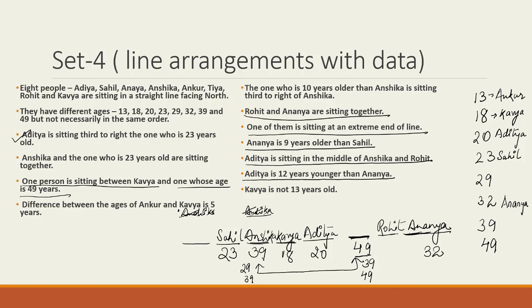That means Anshika is 39-year-old. And we know Ankur has age 13. So I cannot place Ankur in between Aditya and Rohit. So the person who's left and whose age would be 49 is Tia.